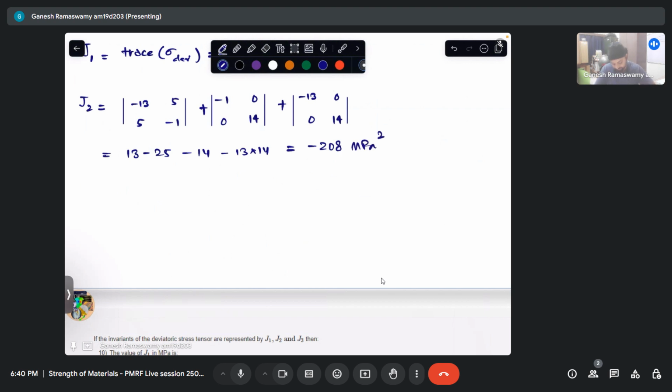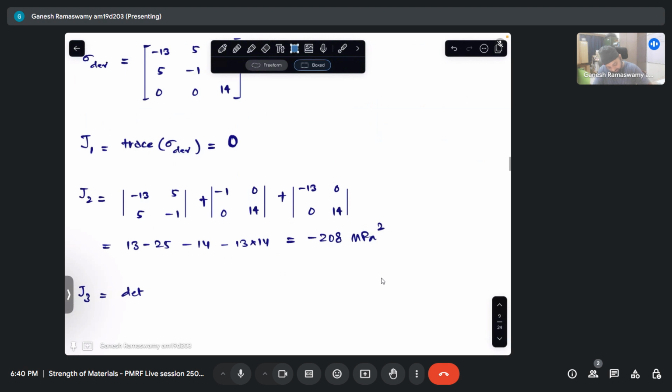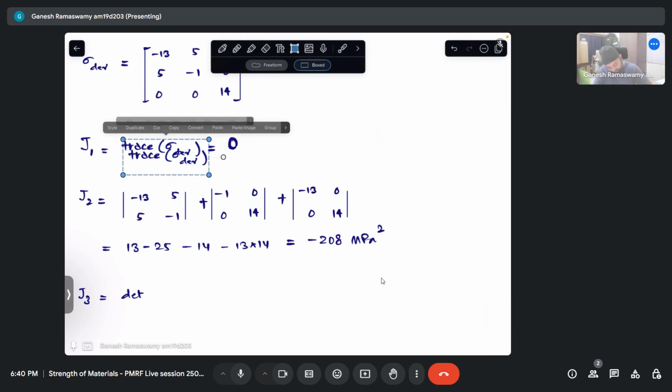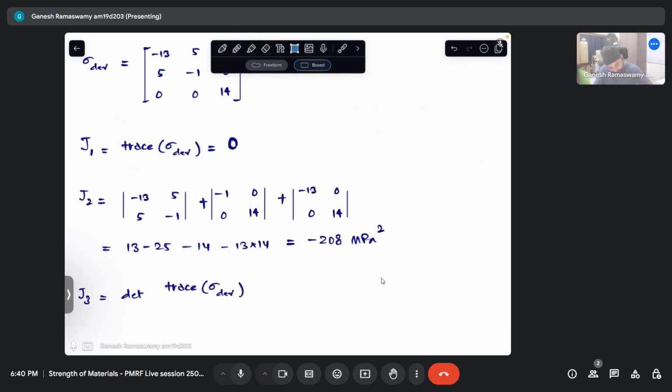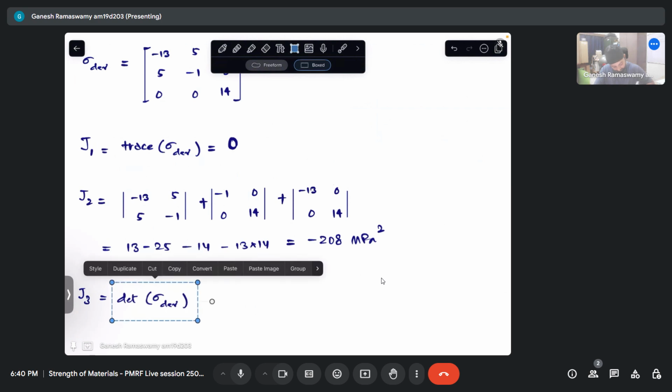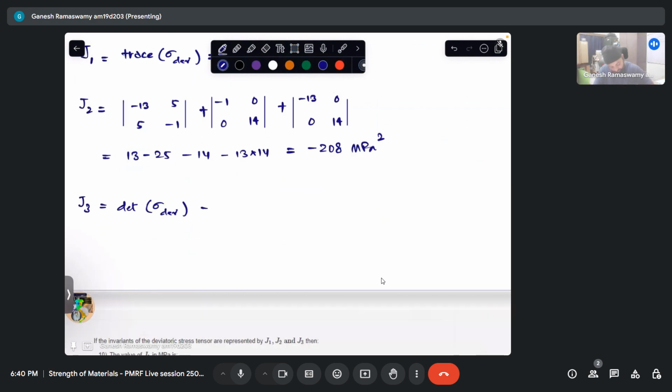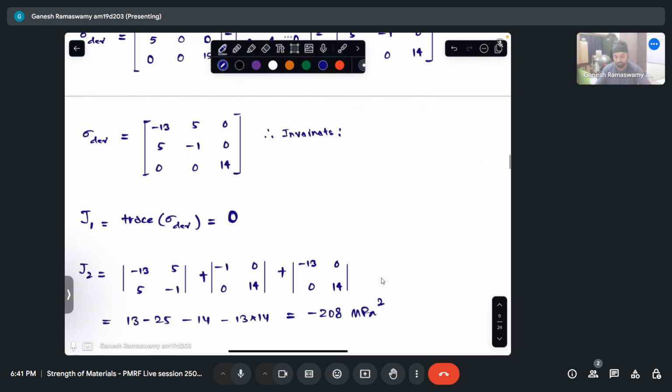Similarly, J3 is nothing but the determinant of this. In fact, it's not the trace, it is just the determinant of this. I'll just find it using the calculator, which is a bit easier. So this is minus 13, 5, 0, 5, minus 1, 0, 0, 0, 14.